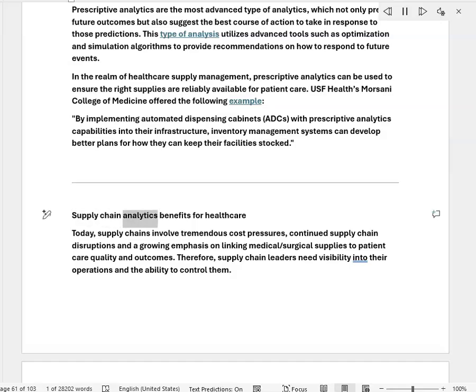Supply chain analytics benefits for healthcare. Today, supply chains involve tremendous cost pressures, continued supply chain disruptions, and a growing emphasis on linking medical/surgical supplies to patient care quality and outcomes. Therefore, supply chain leaders need visibility into their operations and the ability to control them.